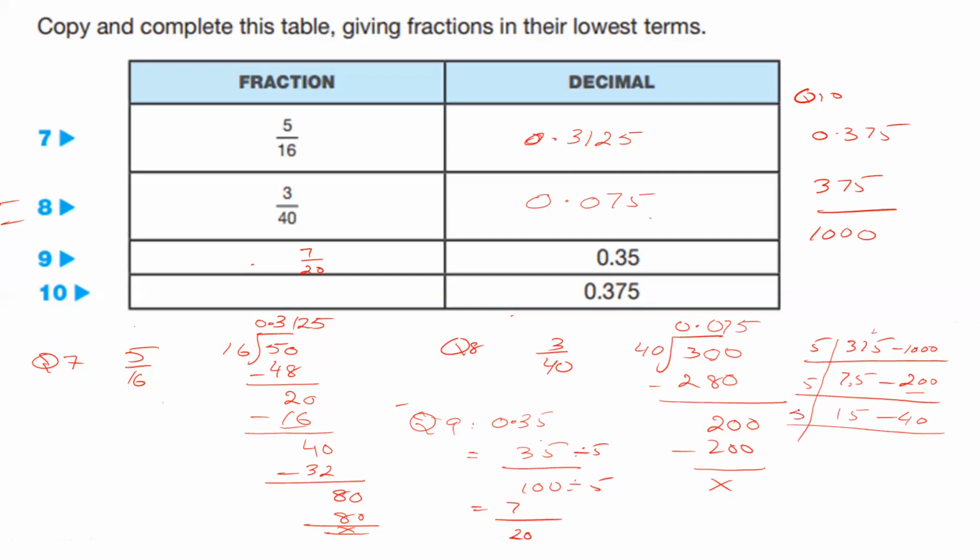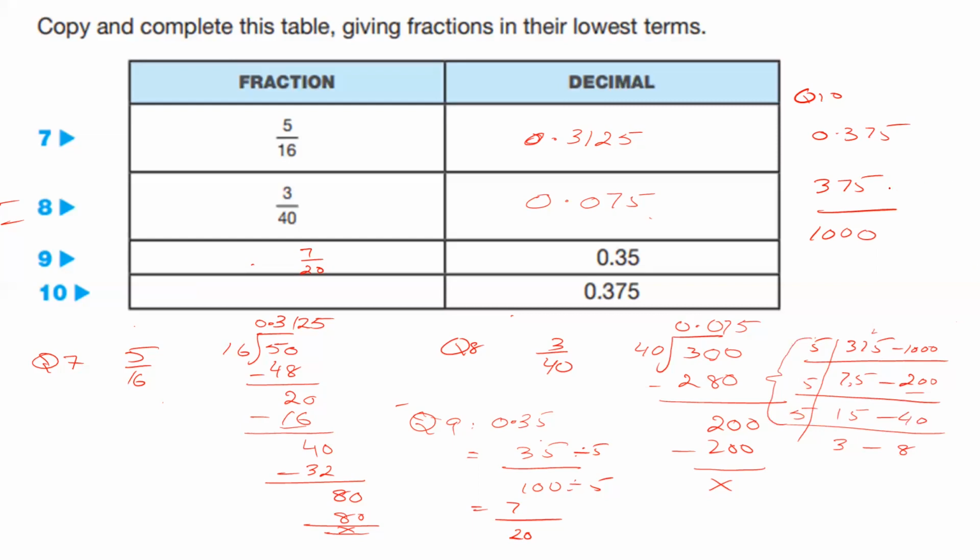Here again we divide this whole by 5. So here 5 times 3 is 15, 5 times 8 is 40. So now we know the highest common factor will be 5 times 5 is 25, 25 times 5 is 125.